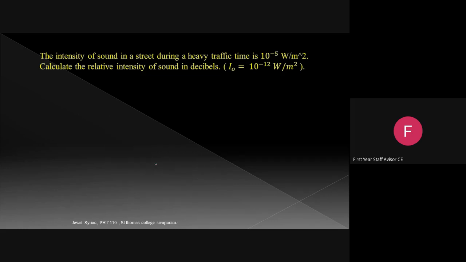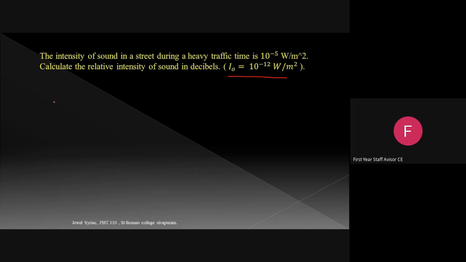So we know the intensity level. What is the equation relating the intensity level and the intensity of a sound? Intensity level is the ratio between the sound we are dealing with and the threshold minimum, or the faintest sound we can hear with a normal human ear, that is I0, 10 raised to minus 12 watt per meter square.